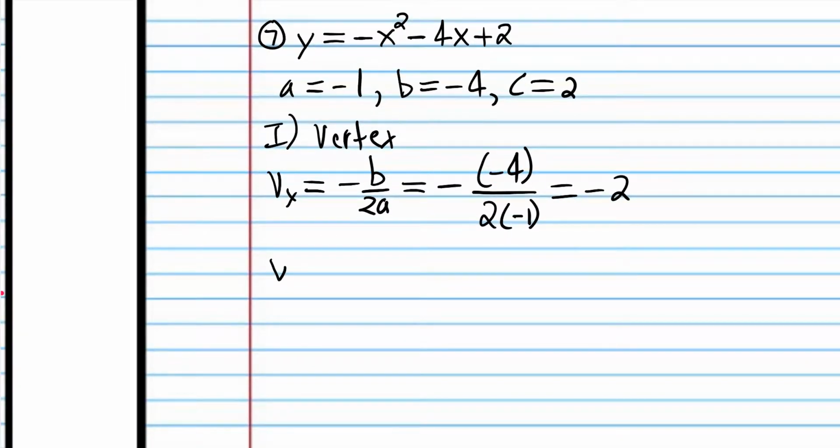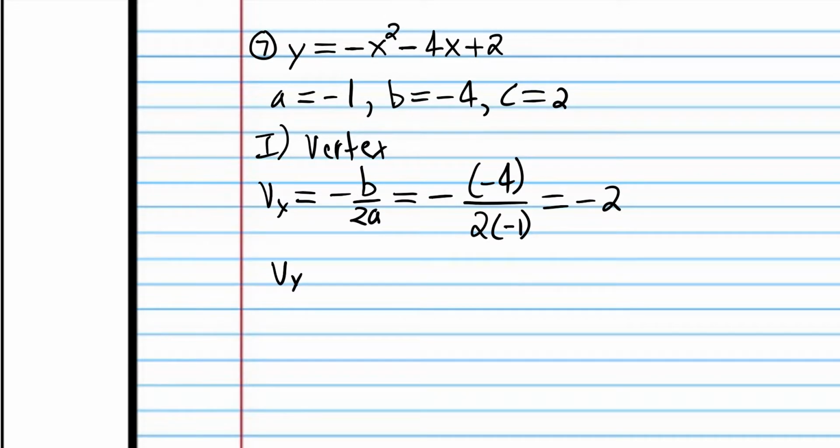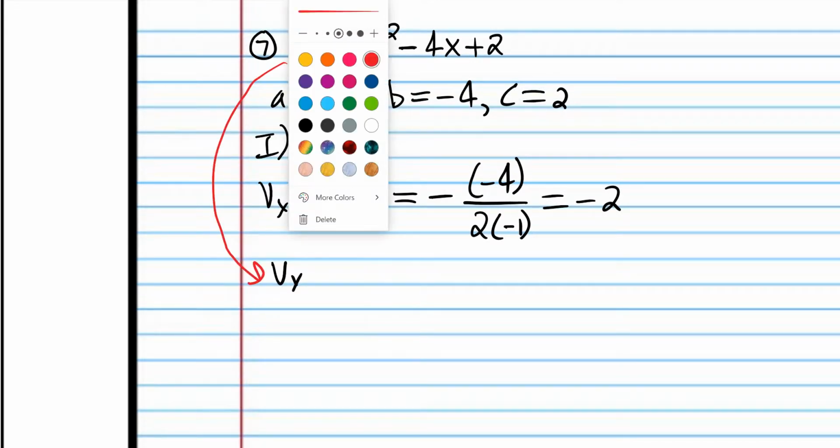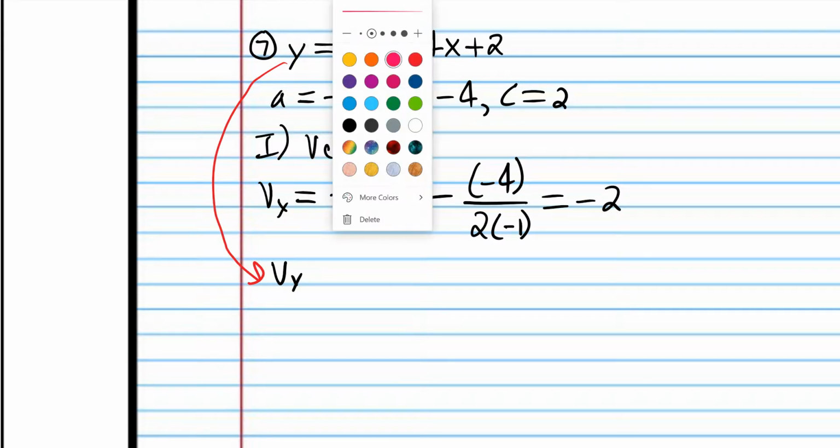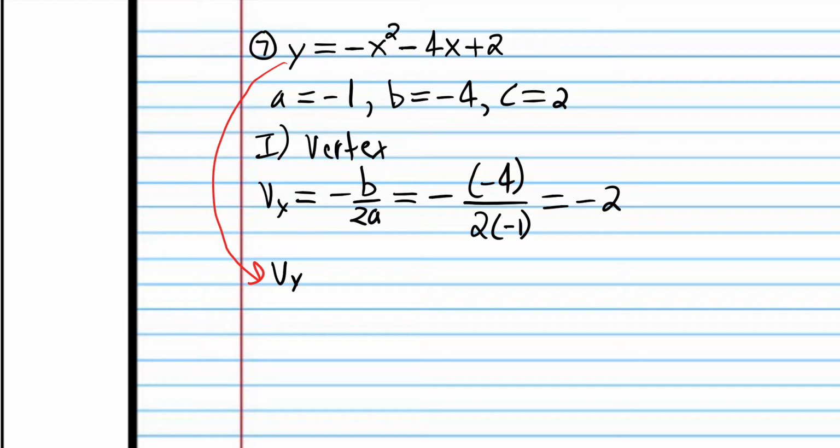And to find the y value of the vertex, as usual, we just plug in the x value of the vertex into the original expression. And so we get the following.